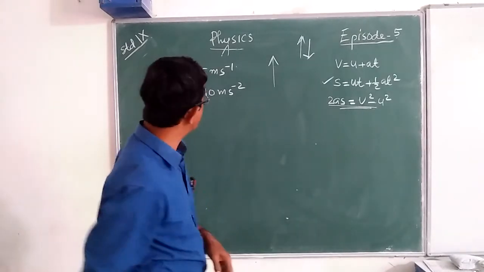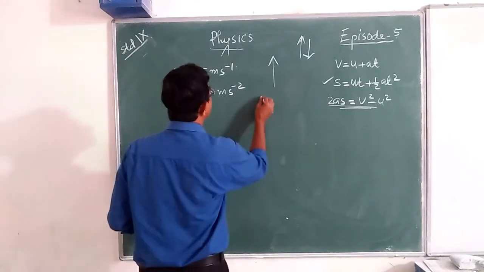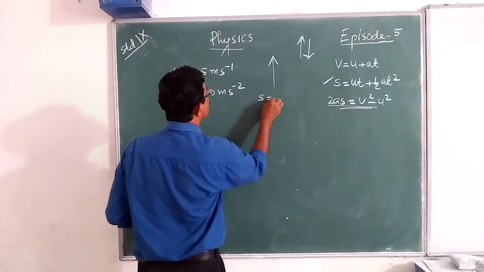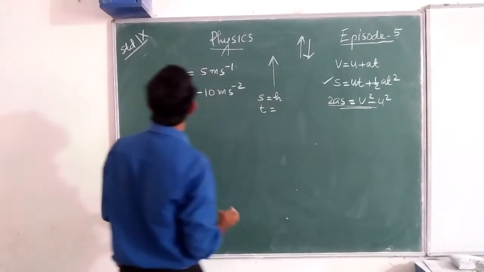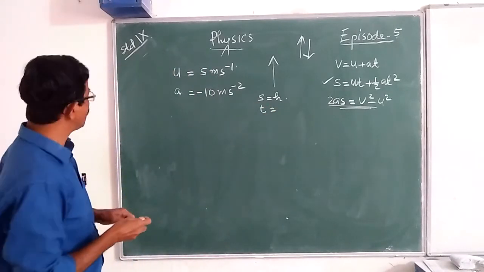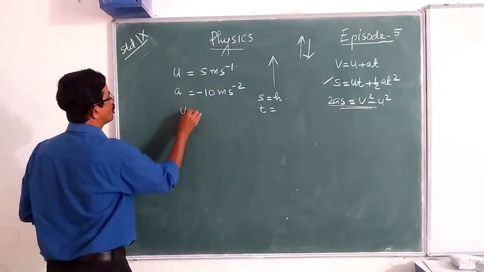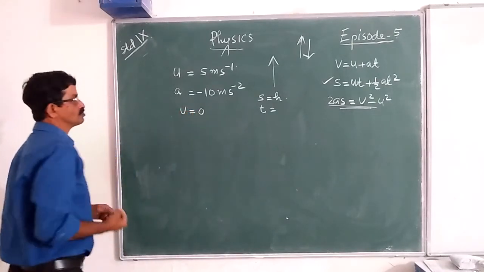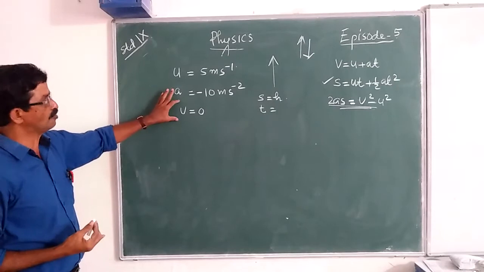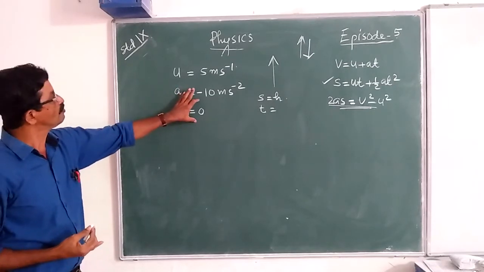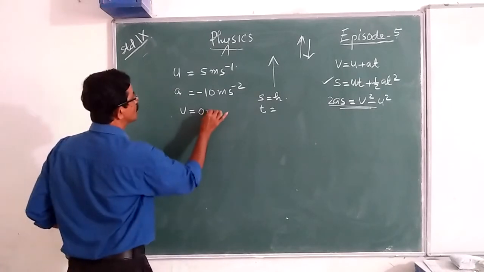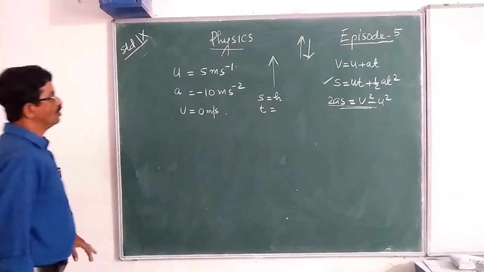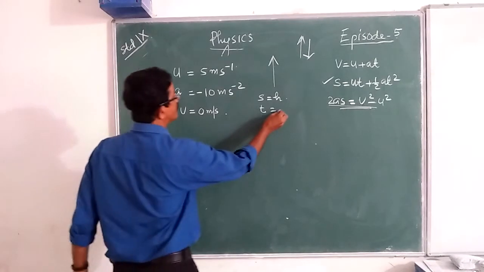That means we want to find the height h and t, the time. Now we know that at its maximum height v becomes 0. That means the final velocity becomes 0 when it reaches its maximum height.